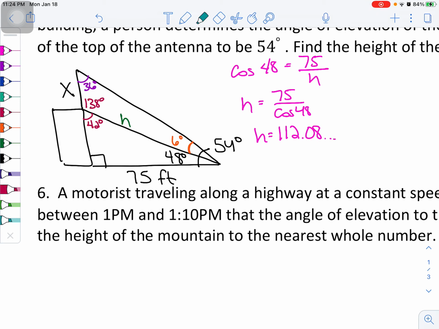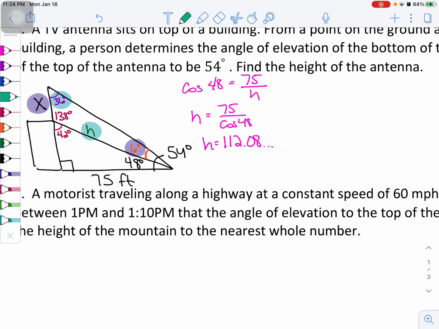So let's see. All right, I know h. Its opposite angle is 36 degrees. And I want to use this 6-degree angle with its opposite side of x. So that's going to be the law of sines problem I'm going to set up. So sine of 6 over x is equal to the sine of 36 over h.